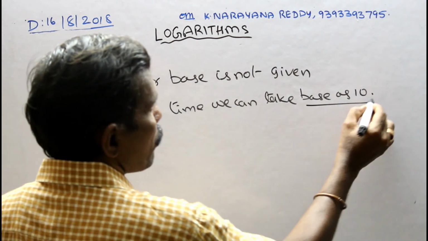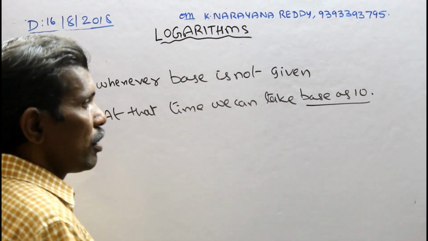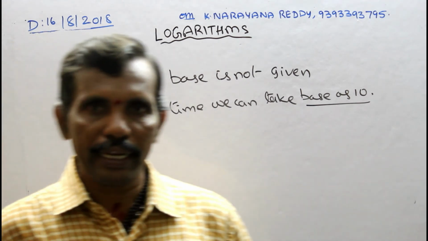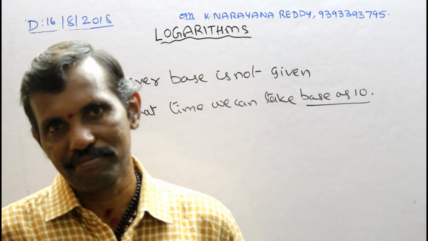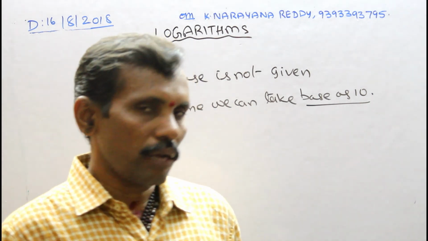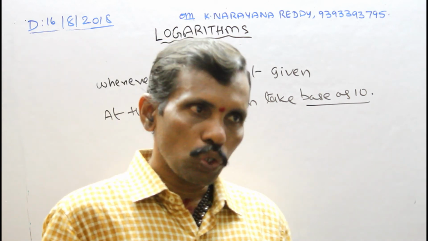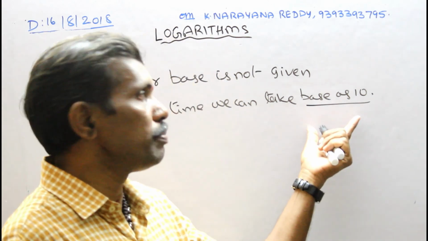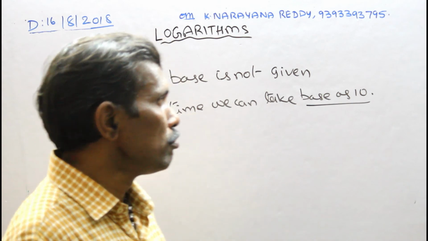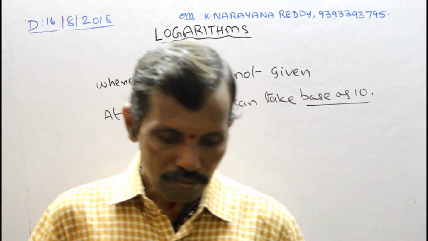That is most important which you have to observe. So optionally you can take 10, that is common logarithm. Whenever the base is not specified as e or 2, you can take simply base 10. That is a simple introduction about logarithm.